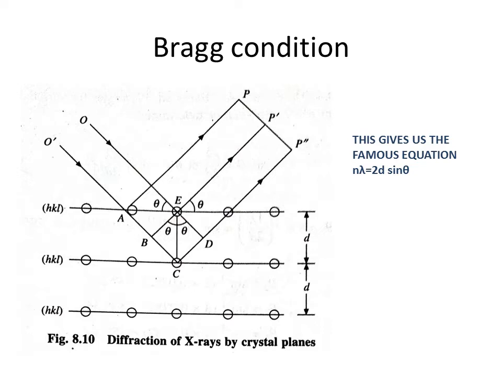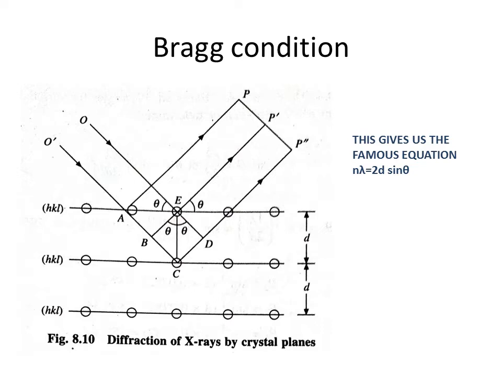Looking at this diagram, you can see that BC plus CD is the path difference, and BC and CD you can express in terms of theta; each is equal to d sine theta. So the total path difference between these two waves diffracted from the first two planes will be equal to 2d sine theta, and for constructive interference that should be equal to n lambda.